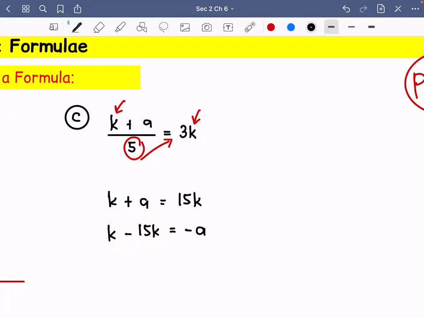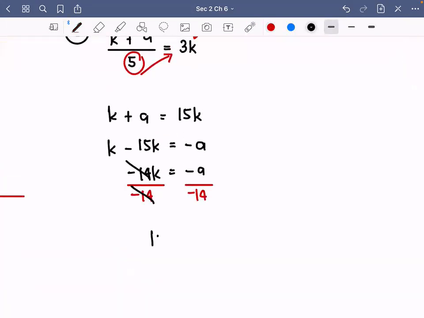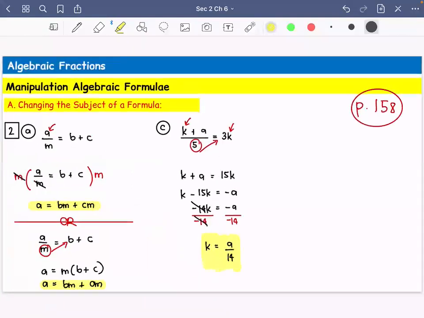It's negative 14K equals negative A. So how do I get rid of this? Divide by negative 14, right? So what's your answer? K is equal to A over 14. So that's your answer, class.